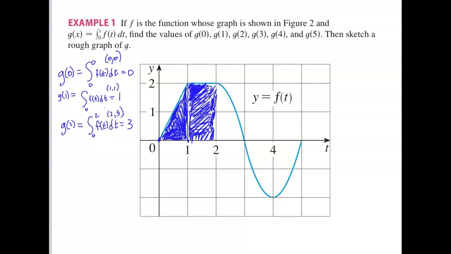This one we're going to kind of have to estimate. So g of 3. Now we have the integral from 0 to 3 of f of t dt. So I'm going to add on this much area. Now, we don't have a geometric formula for finding that. We're just going to estimate it. How much additional area do you think that is? More than a full square, right?